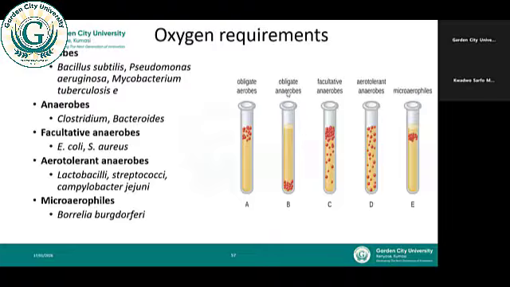Then the obligate anaerobes, they need only an environment that is absent of oxygen, so they will move to the bottom. But with facultative, they can undergo both aerobic and anaerobic respiration. So facultative anaerobes prefer oxygen, that is why they are coming to the top, but they can switch to anaerobic respiration when oxygen is absent.